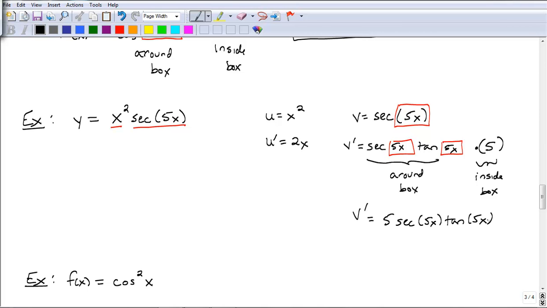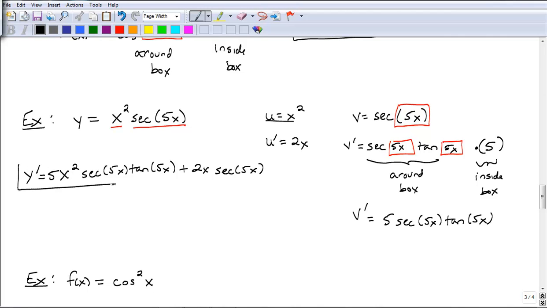And so now I can use the product rule. The product rule says that it's u v prime. U is x squared. V prime is 5 secant 5x tangent 5x. So there's uv prime, 5x squared secant 5x tangent 5x, plus vu prime, which is 2x secant 5x.